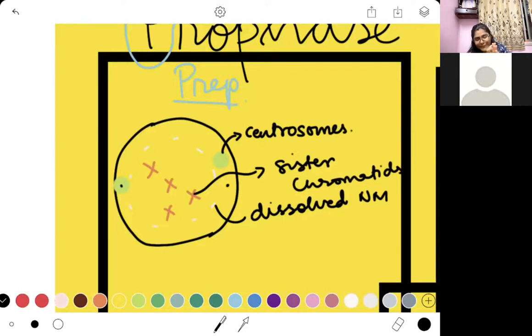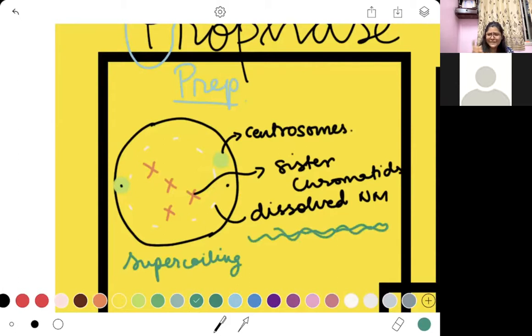At this particular point, in order to make your sister chromosomes or the sister chromatids, your DNA has undergone a process which is called supercoiling. It is through this process that such a long string of DNA is able to condense down to make a small chromosome like this.